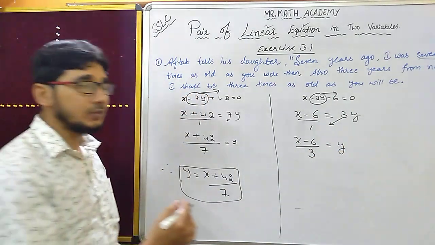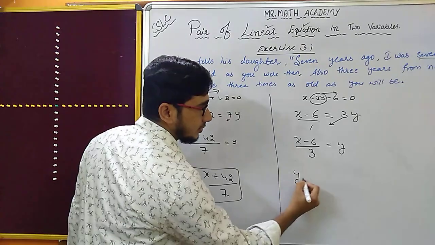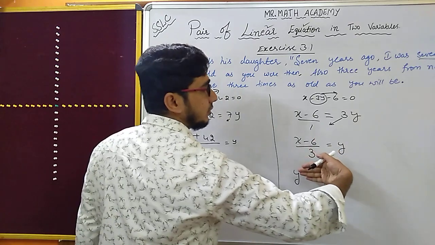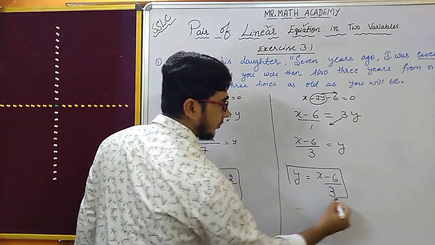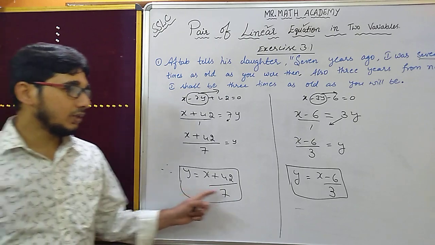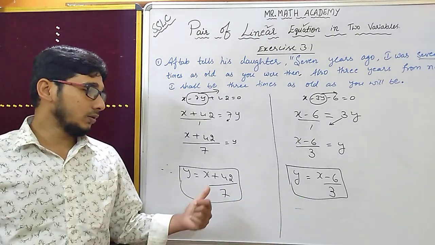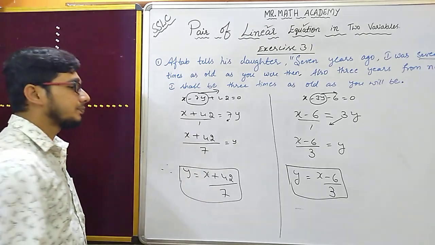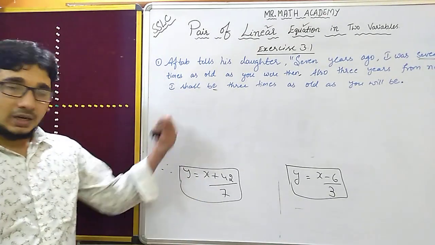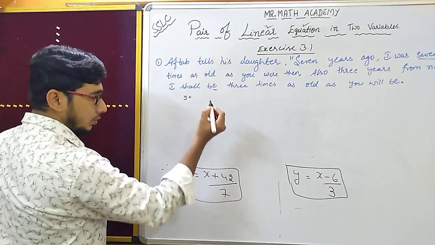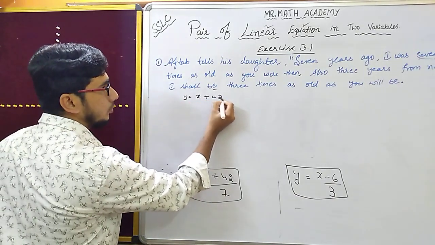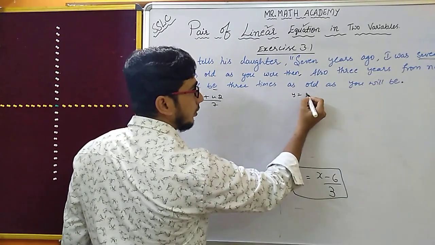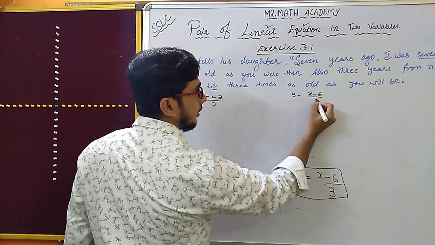Keep it in the standard, usual method: y is equal to x minus 6 by 3. I am just keeping it as a mirror image, reverse of it. So the equations are ready. Now we put values for x so that we get the respective y values. These equations I will write up: y is equal to x plus 42 by 7, and y is equal to x minus 6 by 3.